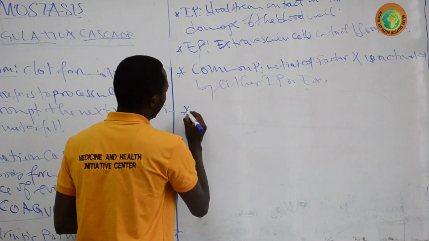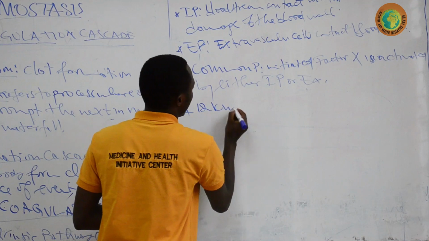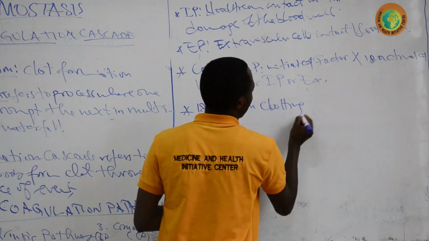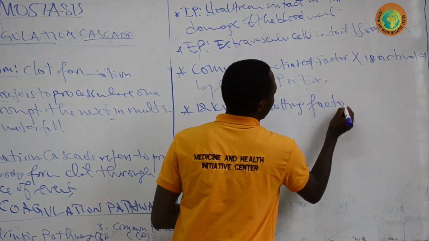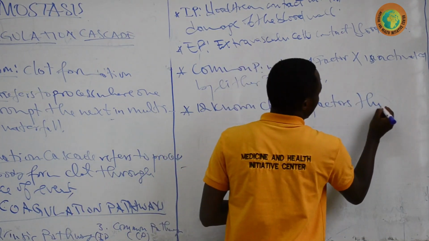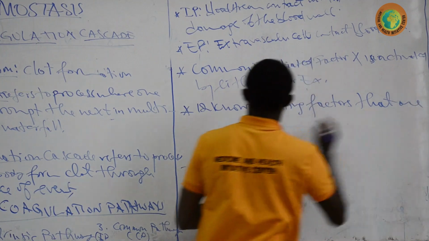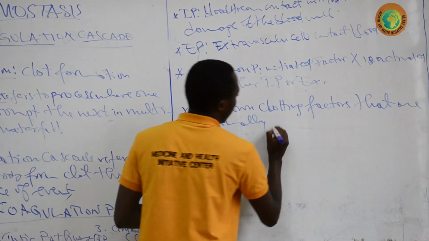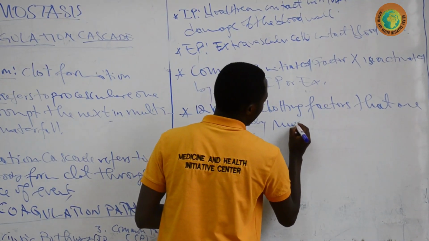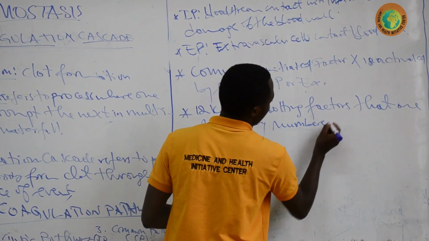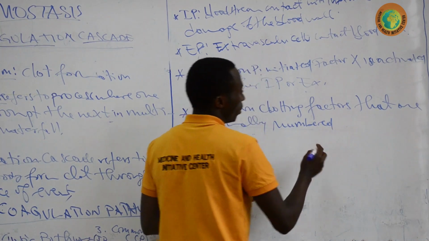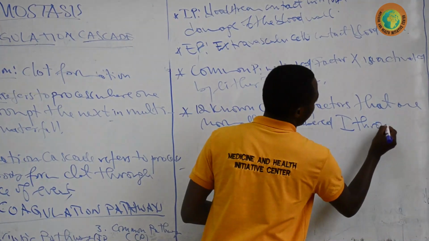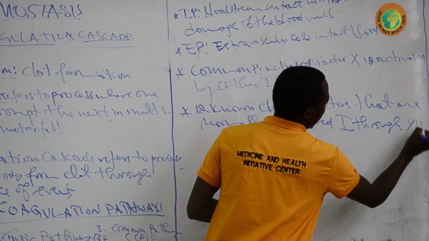There are 12 known clotting factors that are numbered 1 through 13.